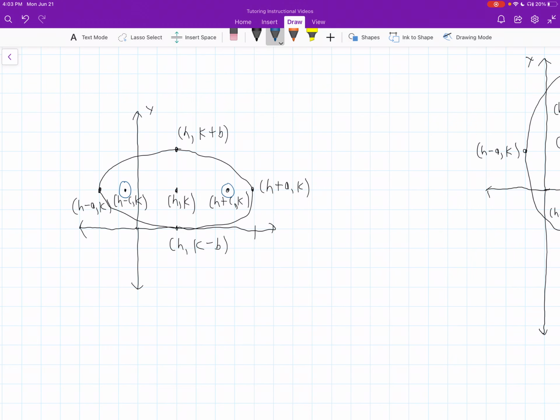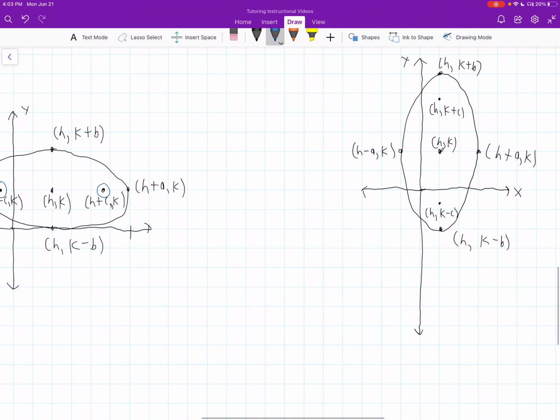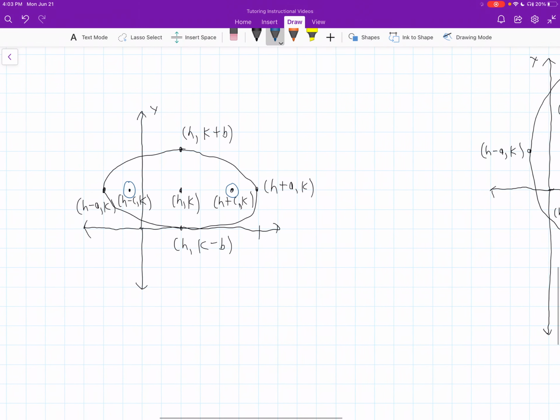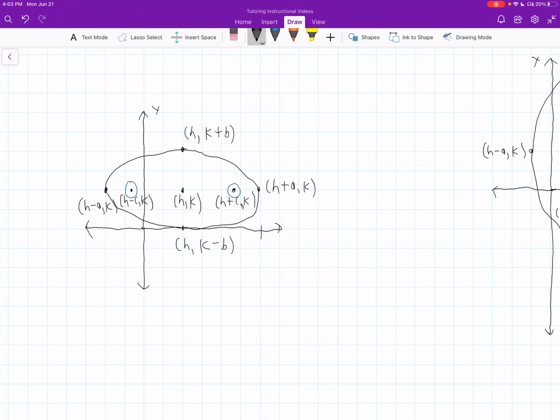Note on a vertical ellipse, I drew it here, our foci points are on the vertical axis of the ellipse. I'm going to work with the horizontal ellipse in this video, but all the results can be easily extended to the vertical ellipse case.